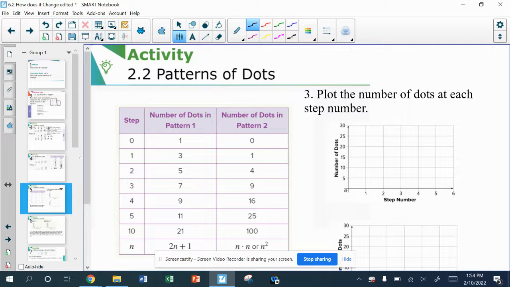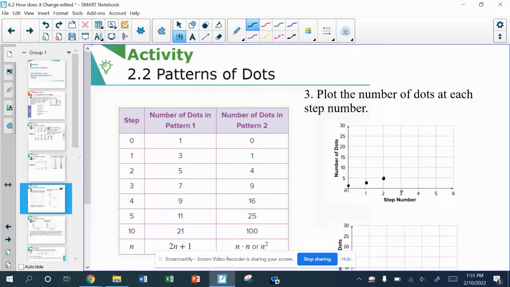When I look at this, so this is the table that we just filled out. If I graph this, and you'll have to just bear with me a bit as I'm graphing this, for pattern 1, for the dots. So 0 is my step. I would have 1 dot there. Step 1, I would have 3 dots. Step 2, I have 5 dots.